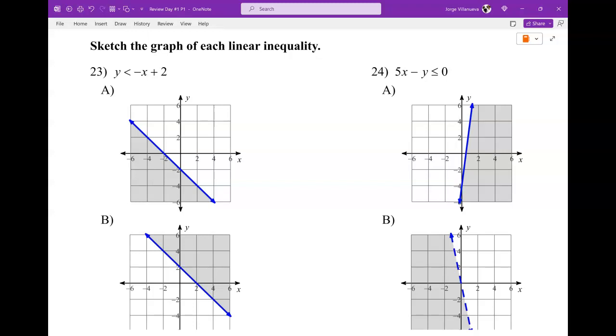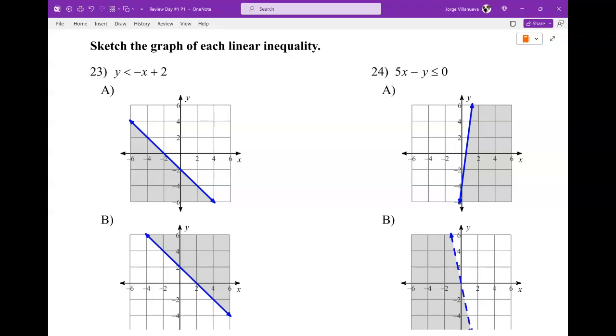There are actually 4 pieces that I can see that tell me what to look for. We mentioned the y-intercept. We mentioned the fact that it's less than, so it's shaded below. We mentioned the fact that it's a less than, so it's dashed. Also, the fact that the slope is negative means the line should be going downhill.